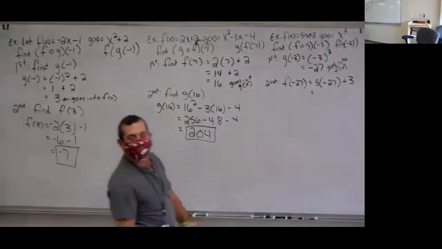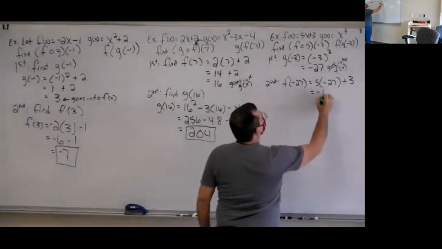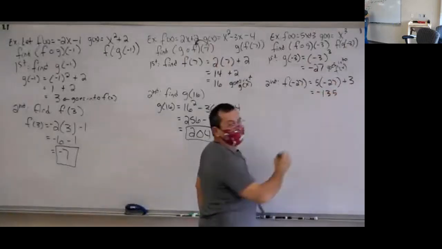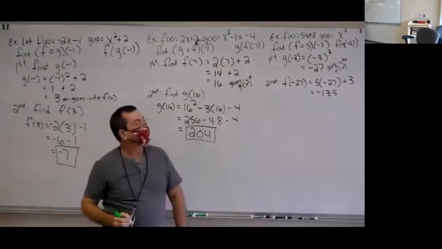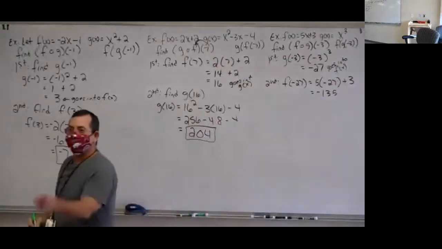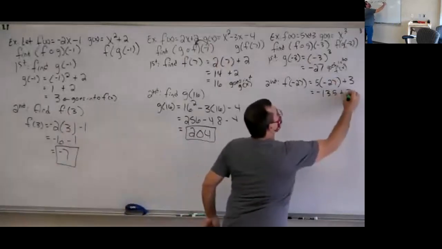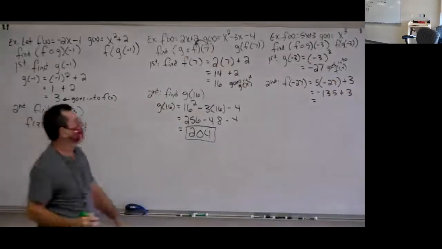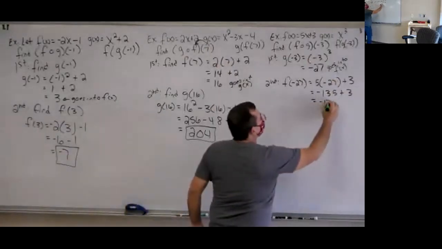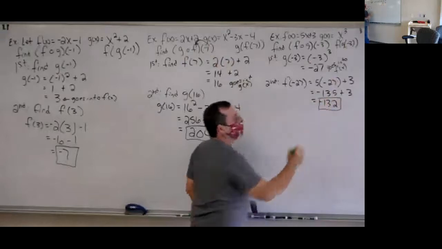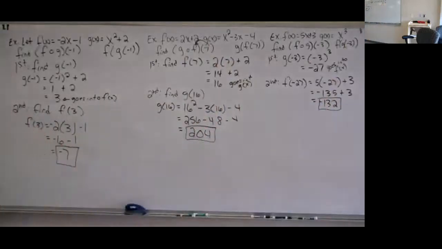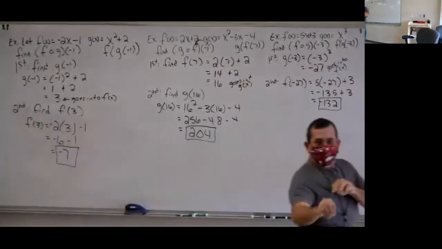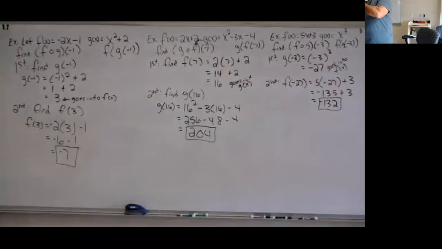We know that's a negative something, right? What's that, negative 135? Oh, but you done added your 3 up there. Oh, sorry. So let me throw my 3 down there. Now guess what I'm going to get? Negative 135 plus 3, negative 132. Okay. So notice when I throw a number in there, you can work that number in the first equation, take that answer, put it into your second, okay?